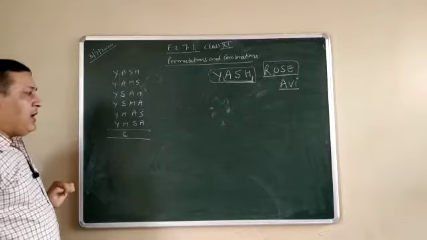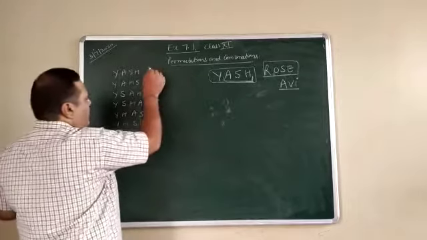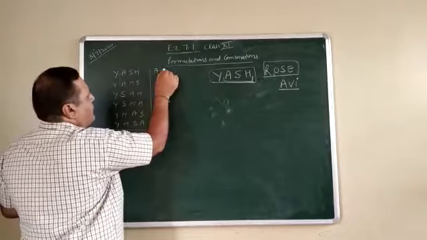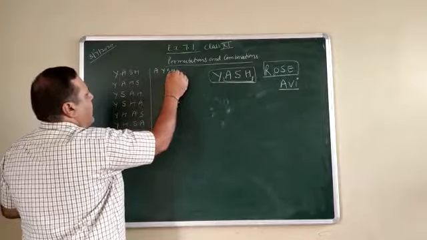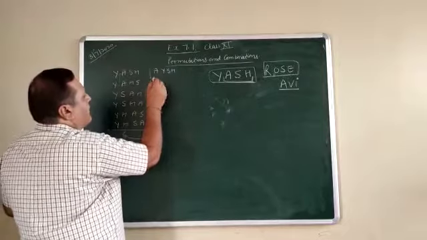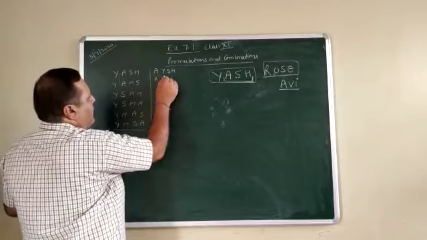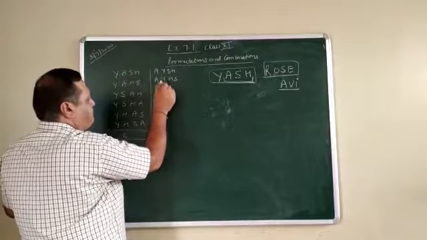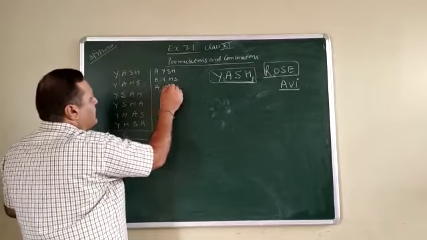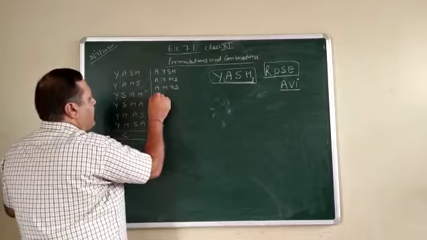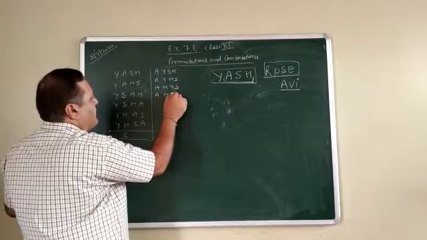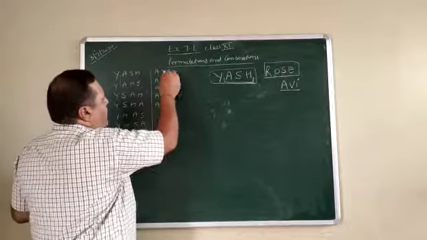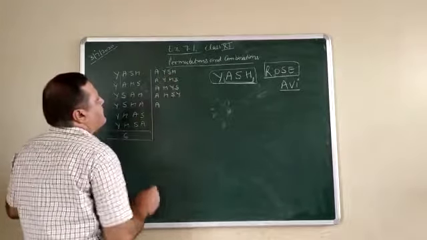Similarly, when we keep A at the first position and the remaining 3 letters Y, S and H rotate, what happens? A, Y, H, S. Then A, H, Y, S. Then A, H, S, Y. Now Y and H are fixed, then what is left?